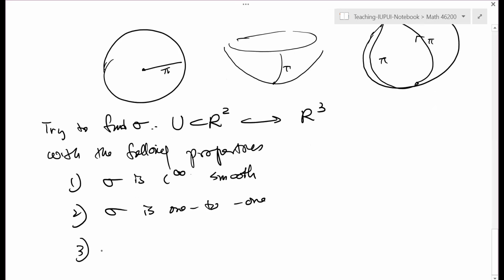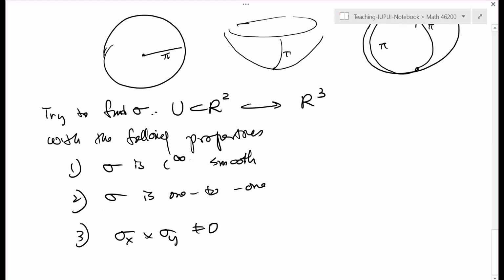The third one is sigma x cross sigma y is not going to be 0. The geometric meaning of this is eventually called regular, but I will explain this later.